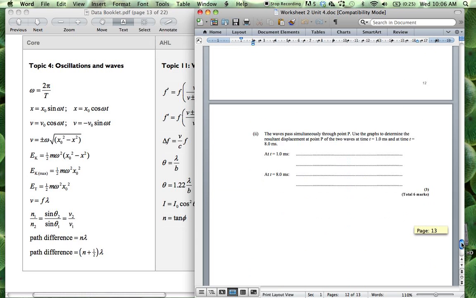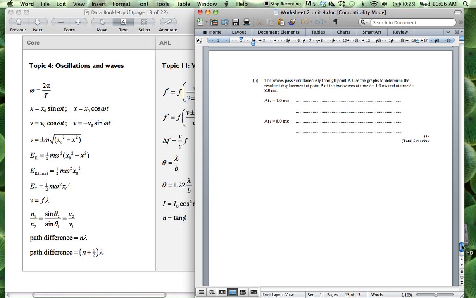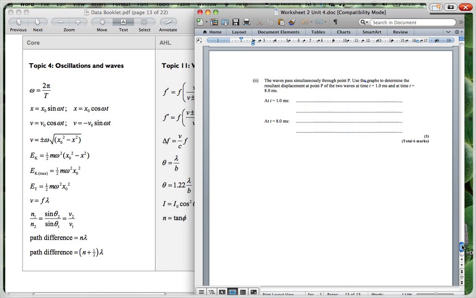It also wants us to, over here, it says the waves pass simultaneously through a point P. Use the graphs to determine the resultant displacement at point P of the waves at time 1 millisecond and 8 milliseconds.